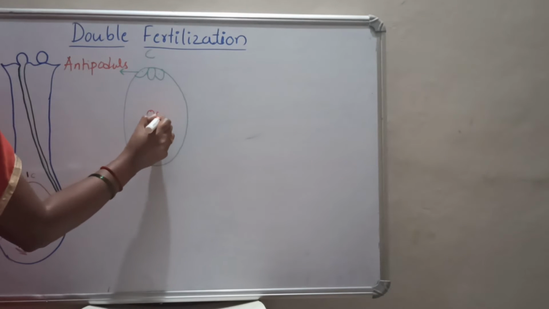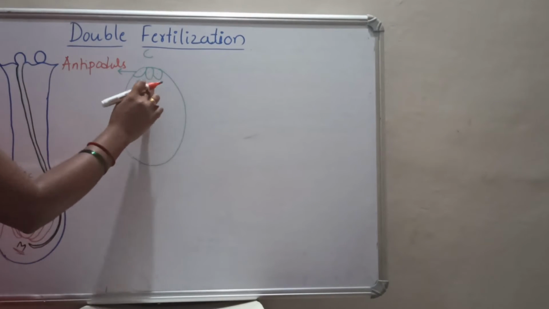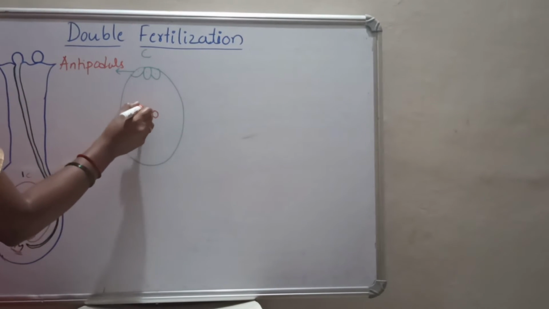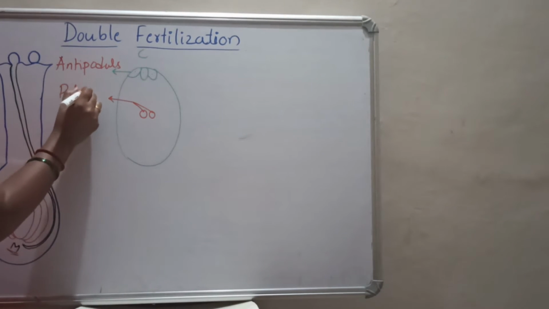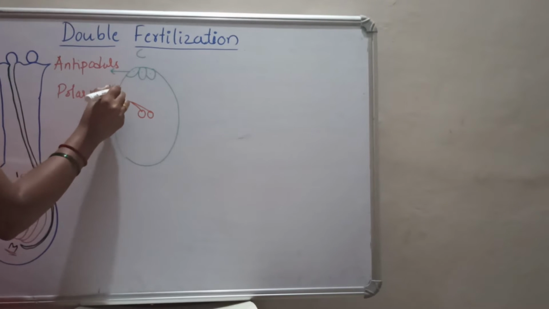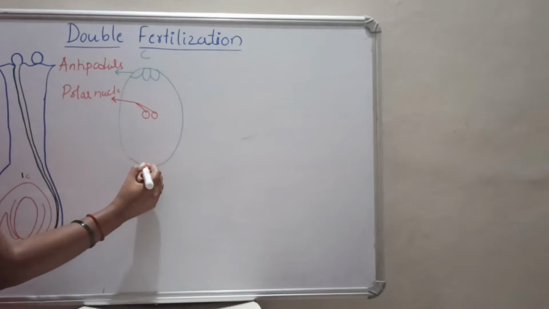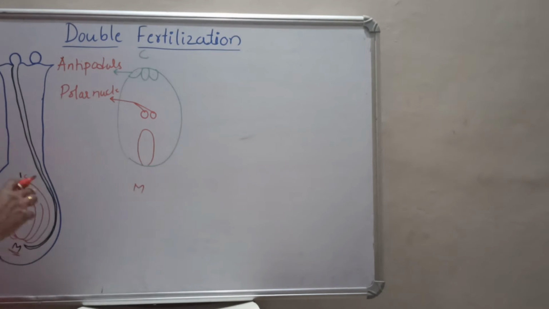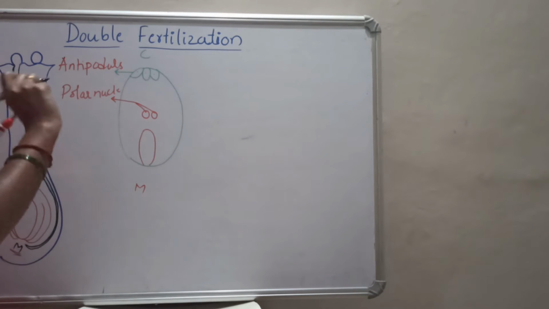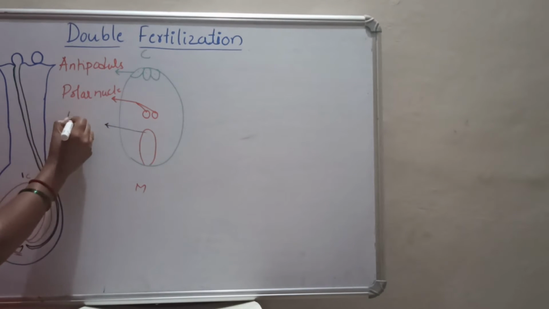The two nuclei present in the central cell are called polar nuclei. And the one large cell that is present at the micropylar region, this is the micropylar region, is called the egg cell.